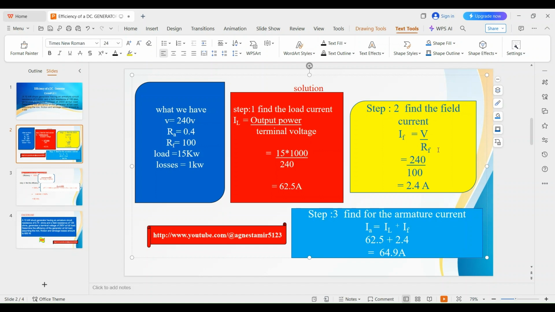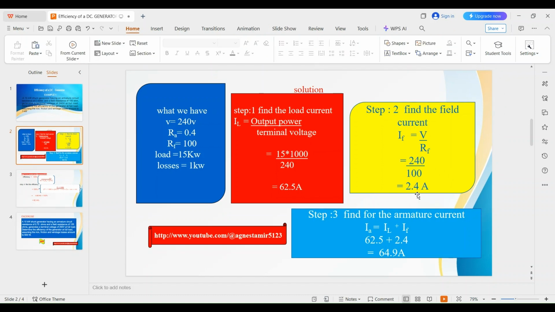Using Ohm's law, we know that current is given by voltage over resistance. Therefore our field current will be 240 divided by 100, and it will give us 2.4 amperes.